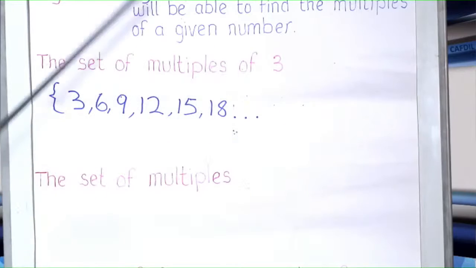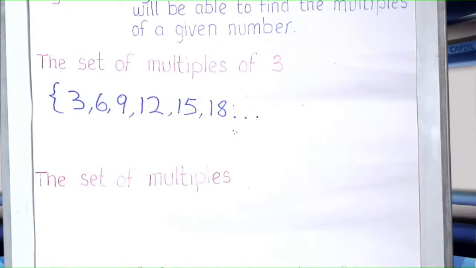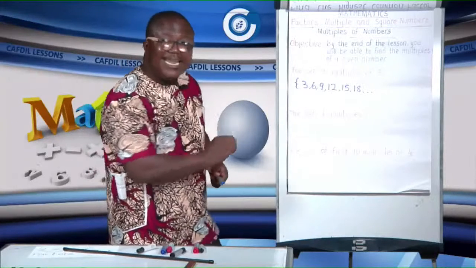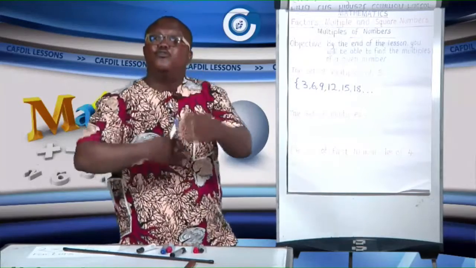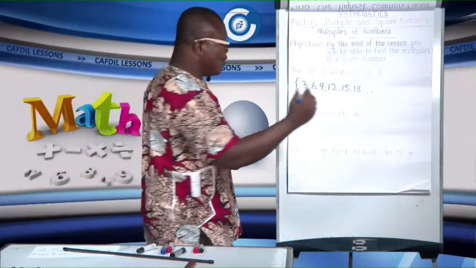We can continue adding. We will not finish. So to end it, we are supposed to place the 3 dots. Any mathematician will understand that what we are saying is you can continue to add without ending. Then you close your sets.